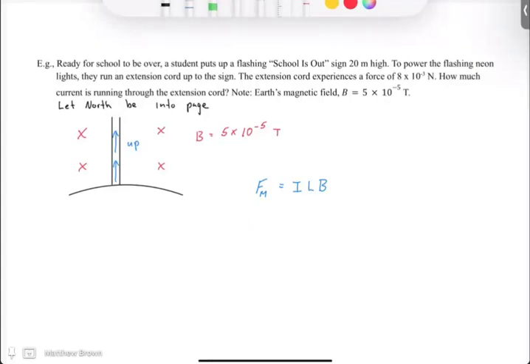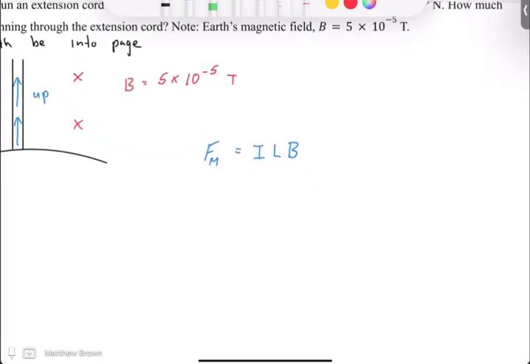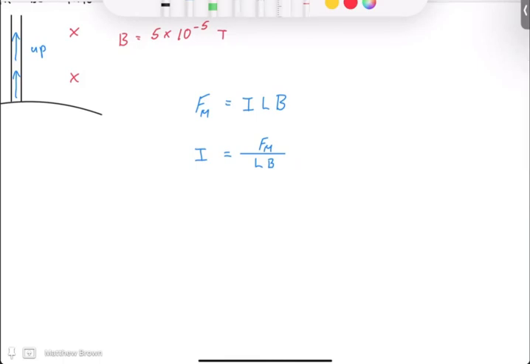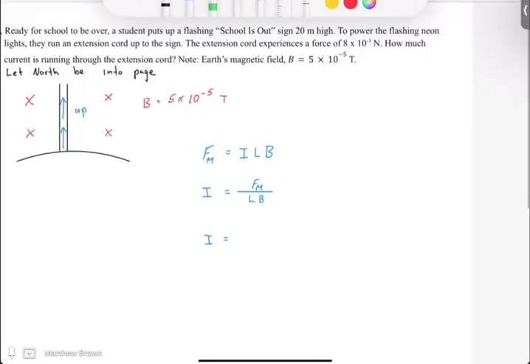Or I suppose, just for simplicity, I could rearrange this, divide both sides by L and B, so it's only one step when I put in the numbers. The force was 8 times 10 to the negative 3.